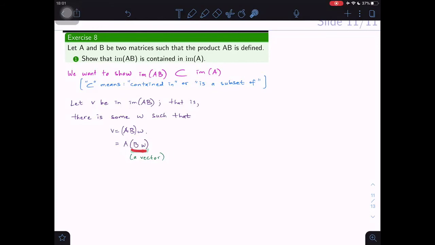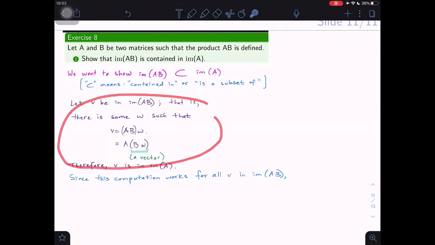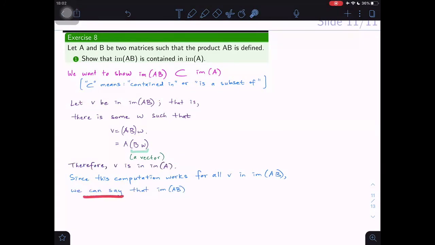This means that V is equal to the matrix A times some vector. This shows that V is in the image of A. Since this argument works for all V in the image of AB, we can say that this set here is contained in this set.